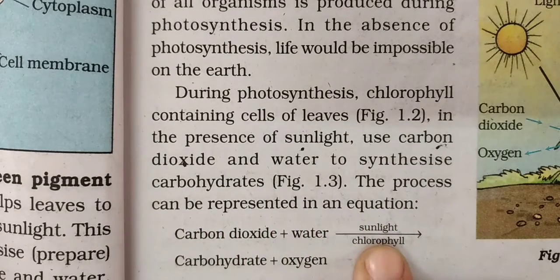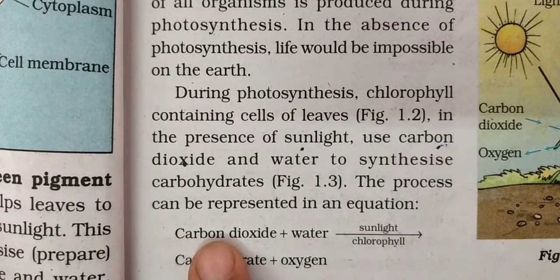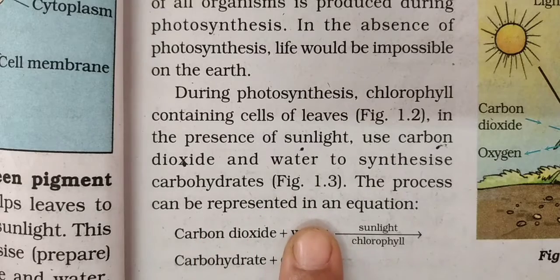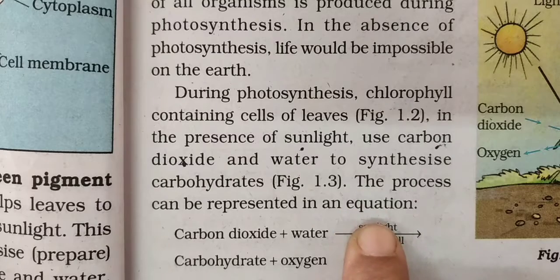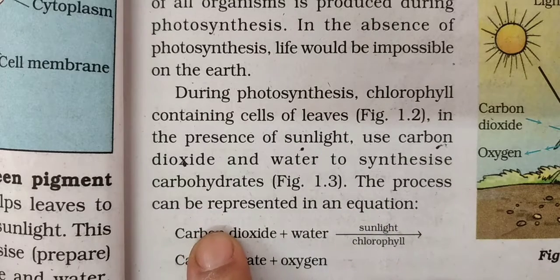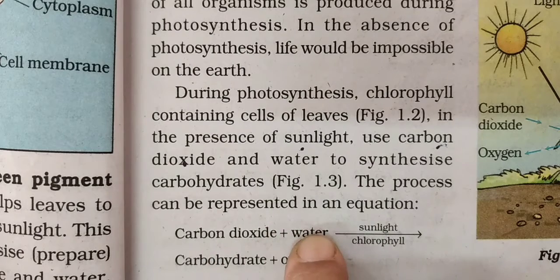This is the equation which I was talking about in the previous page while I was explaining photosynthesis: carbon dioxide plus water, sunlight and chlorophyll. Chlorophyll captures energy from sunlight, and that energy is used to react this carbon dioxide and water.